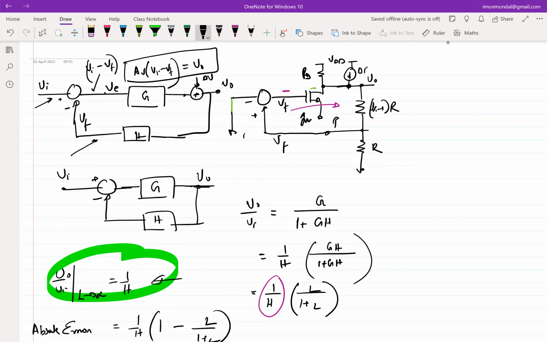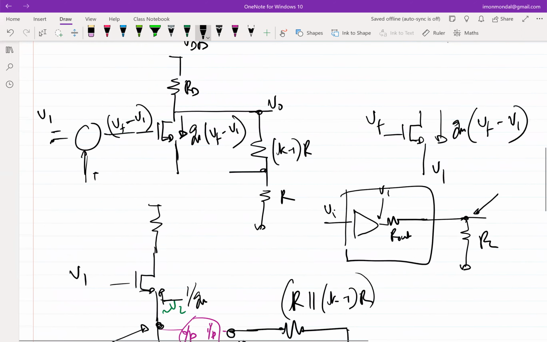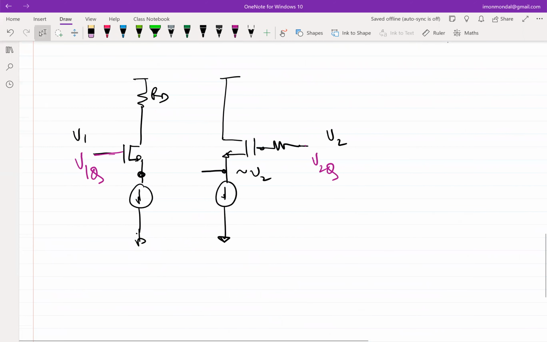Correct? Which means whatever error amplifier I'm building, the inputs of those two error amplifiers will be identical. So you can assume that these two voltages will be similar in terms of DC, which means if this is GM1, this is GM2, right?